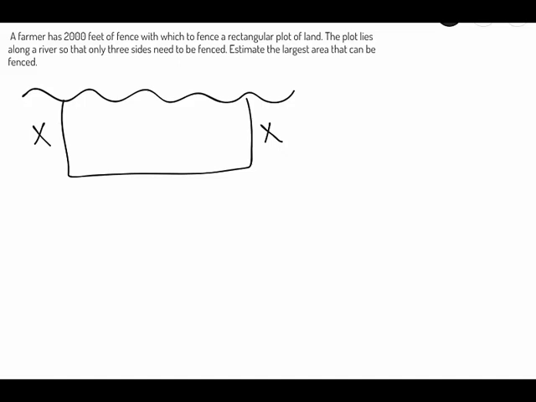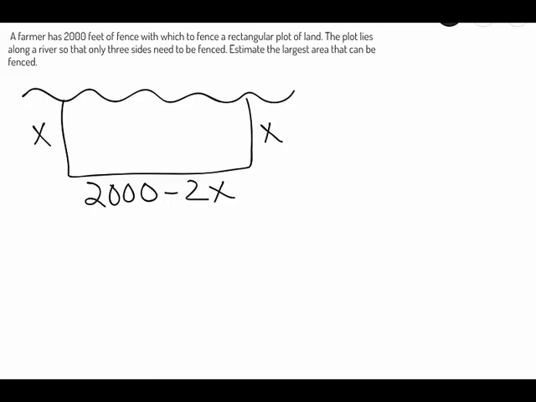So that's 2,000 feet of fencing minus the 2X that we're going to use for the 2 sides. Whatever's left over after that is what we have to use on this length right here.